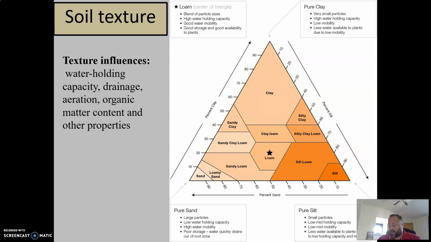And this idea of a loam soil becomes really important in the Central Valley because that's the soils we have here, and those are good agricultural soils. And so that's part of the reason why farming is so good in the Central Valley and why people settled in this area to become farmers, because of the loam soils that we have here.